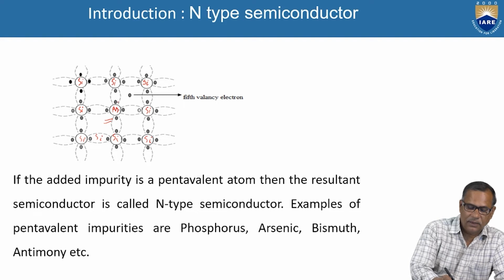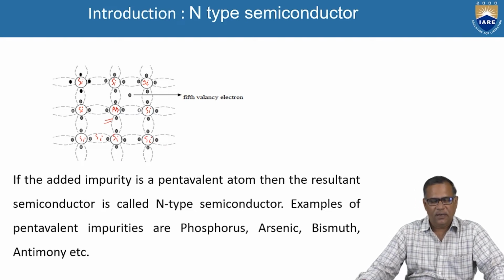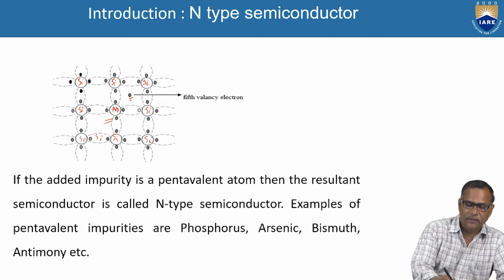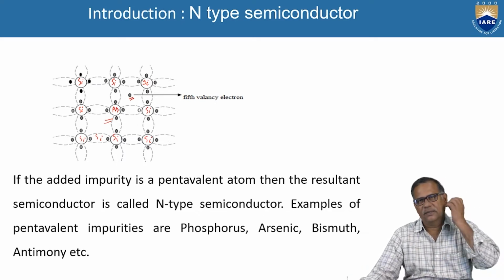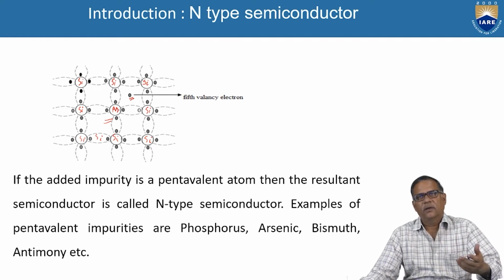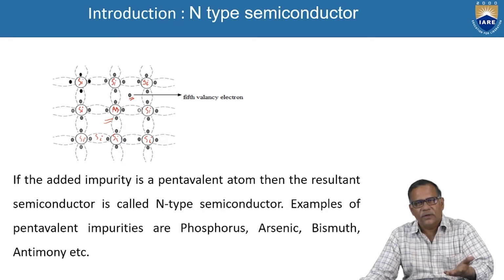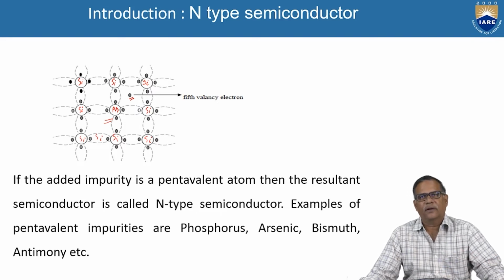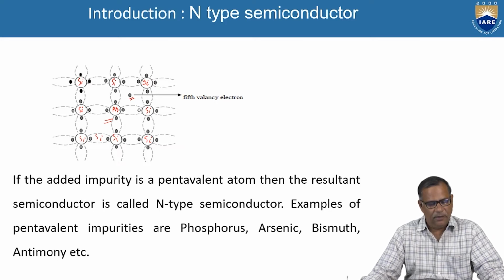So 4 electrons of arsenic form covalent bonds with the adjacent electrons of the silicon atoms, and 1 electron is left out here because there are 5 valence electrons in arsenic. This extra electron becomes a charge carrier. So this silicon, which was originally intrinsic semiconductor, now has more number of electrons, which means it is converted to N-type semiconductor.